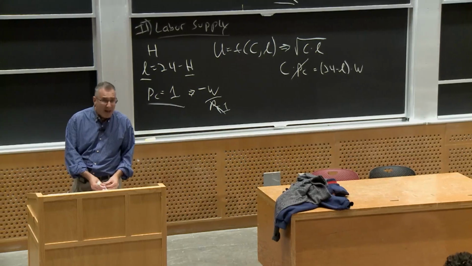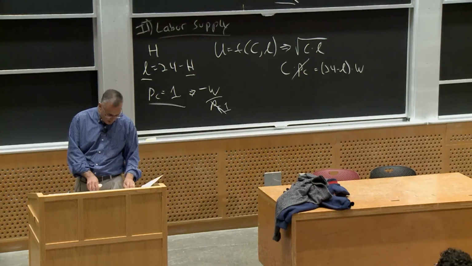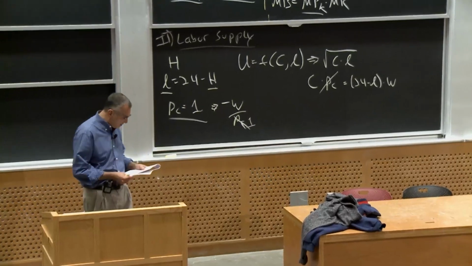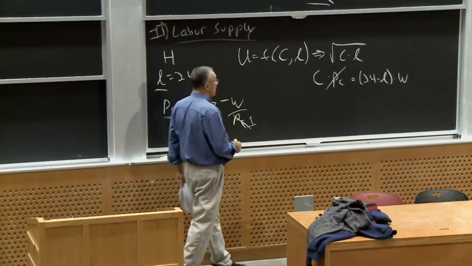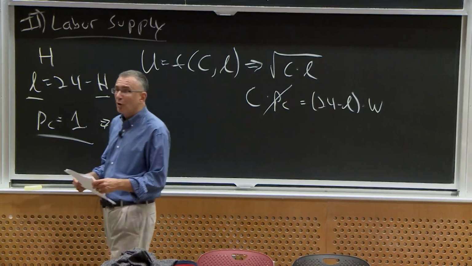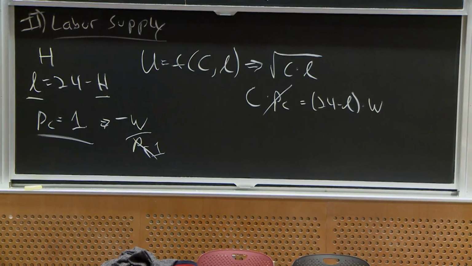Okay? We know how to optimize, we know how to solve this consumer optimization problem, which is we know that to optimize, you want to set the ratio of marginal utilities equal to the ratio of prices, or the slope of the budget constraint.